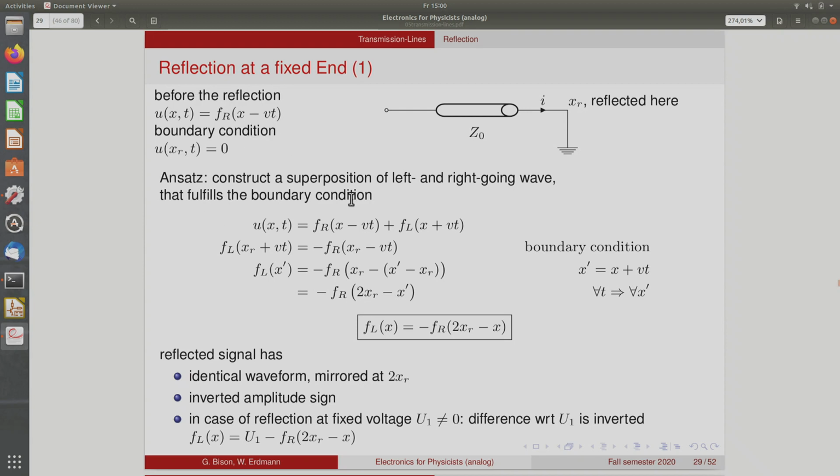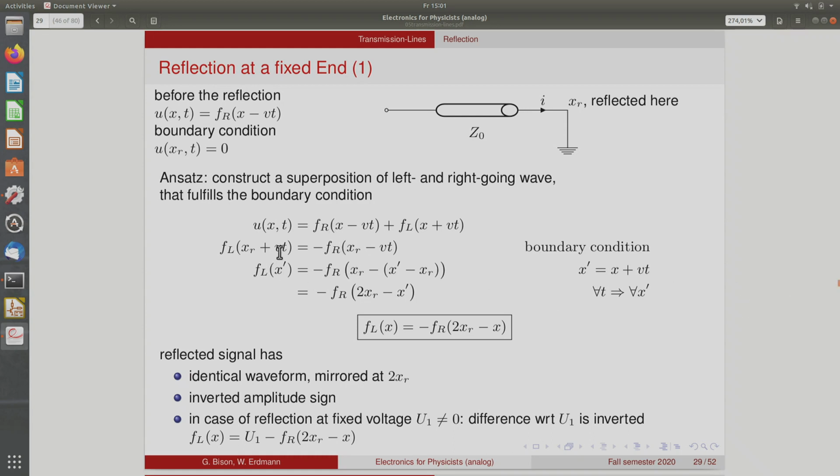Now we make an ansatz for the voltage at this point here, and the ansatz is that we assume it's a superposition of a left-going and a right-going wave. We do this because we kind of know what the result is. We take the right-going wave, which is the incoming, and we add a left-going wave with a different shape. We say it can have a different shape. And now the boundary condition is that the voltage is 0 at that point, which means that the left-going and the right-going should be the same with a minus sign.